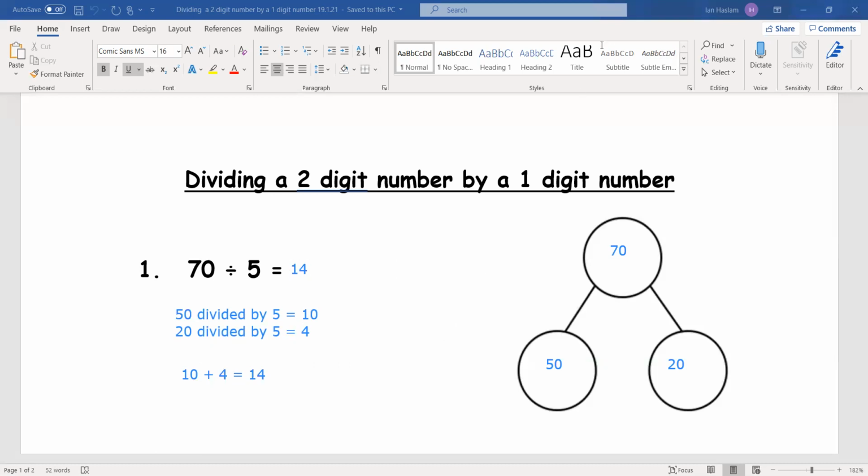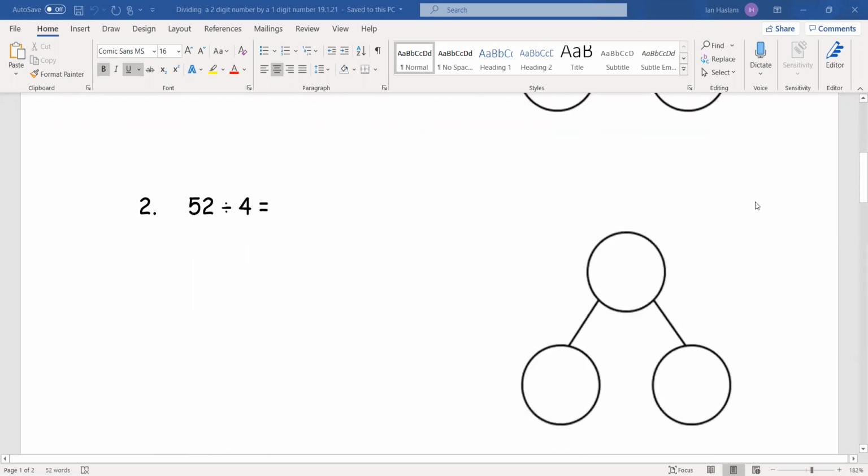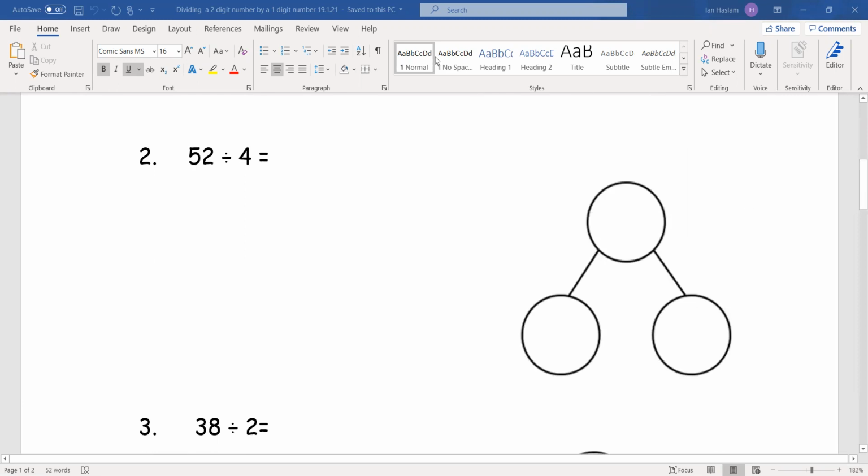Let me clear that. And I can scroll down. On the next question, 52 divided by 4. I'm going to put 52 here.